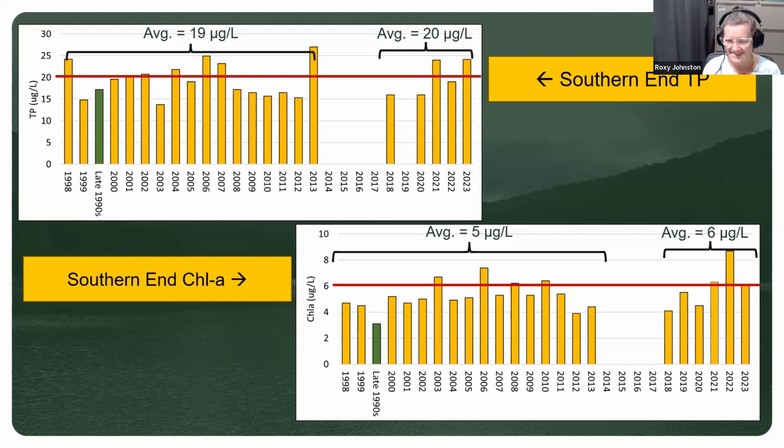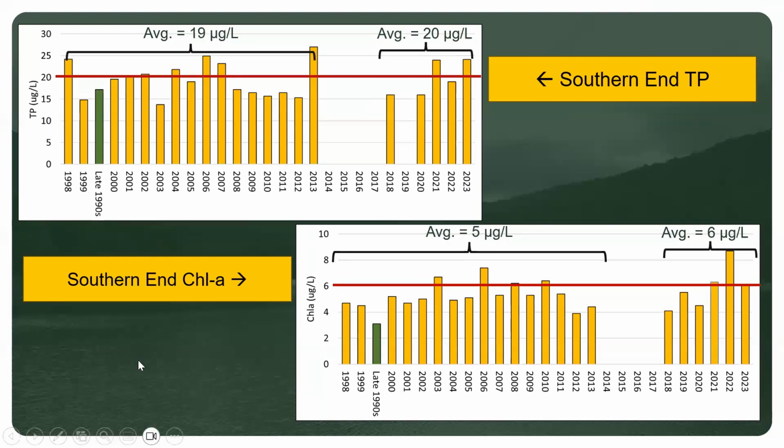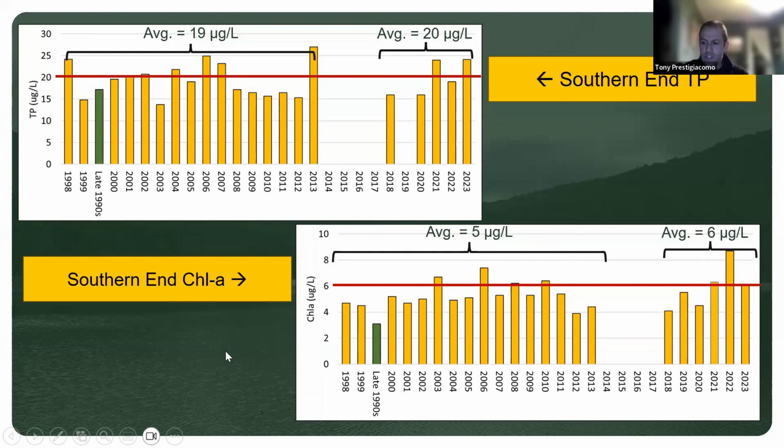Eileen again. I have a follow-up on Roxy's question. Say in 5 years, you look at this graph and it's got 5 more years on it, and it doesn't look like there's much improvement. What happens then? It's a good question.